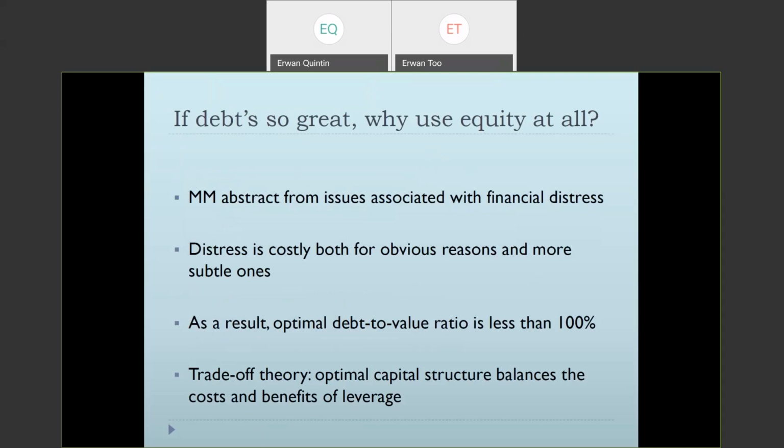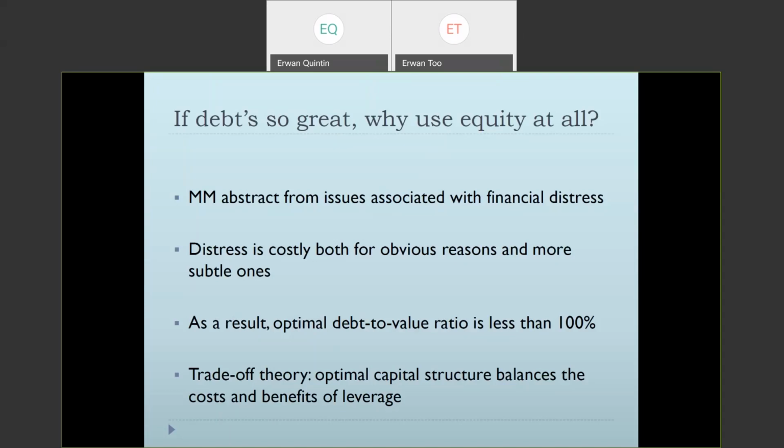But of course, that cannot be the end of the story, because if that were true, then we should see every corporation out there take on as much debt as possible, in fact not use any equity at all if such a thing were possible. But that's not what we see, and obviously that's because the calculations we've done so far abstract from a number of issues associated with financial distress.